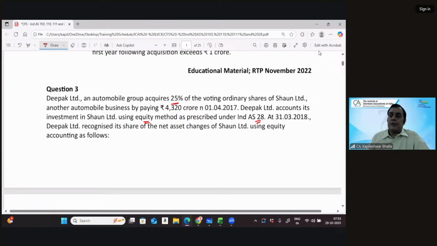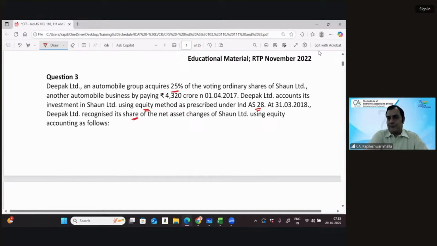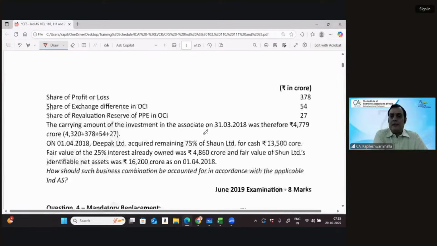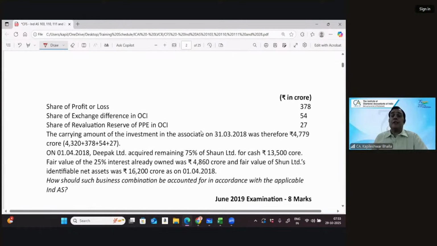Then he says on 31st March 18, Deepak recognized the share of the net assets using the equity accounting as under. So since he's applied the equity method of accounting, he's recognized the share in the profit loss, he's recognized the share of exchange difference in the OCI, and he's also taken the share of the revaluation reserve in terms of PPE.